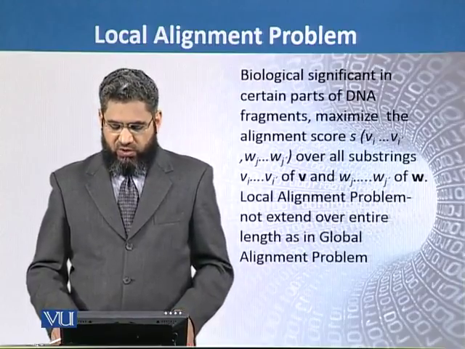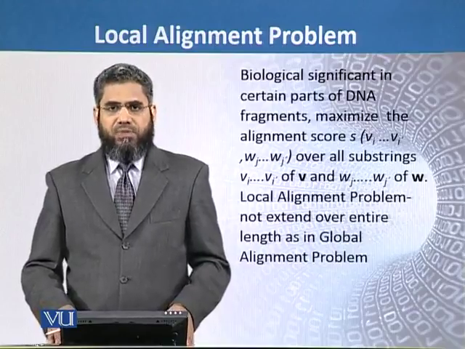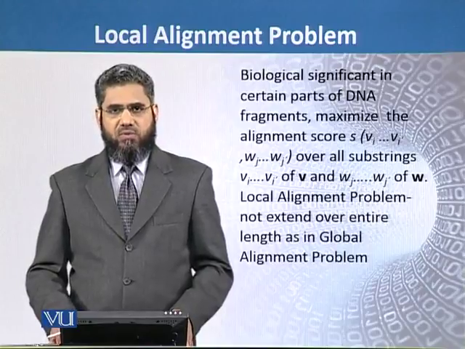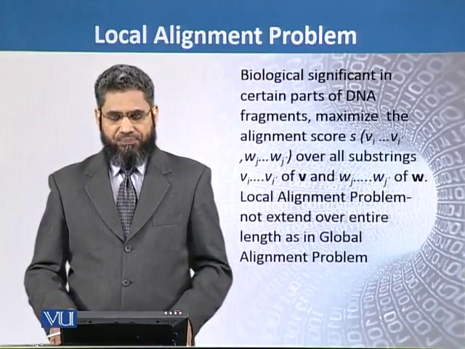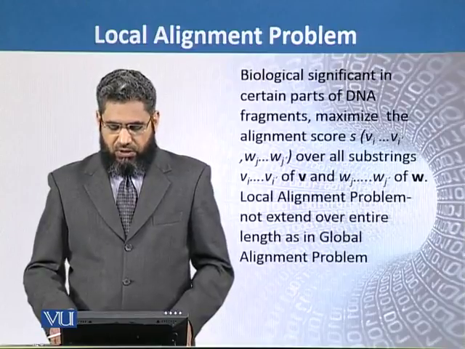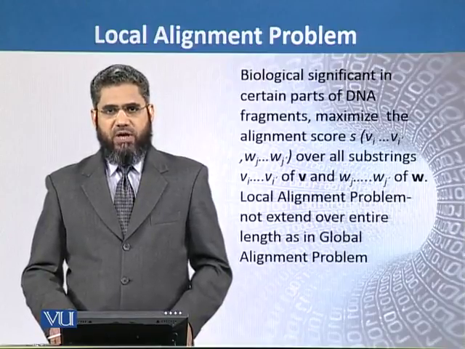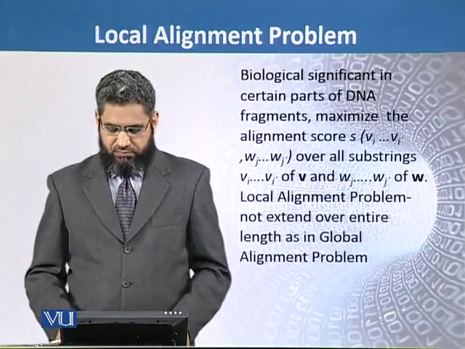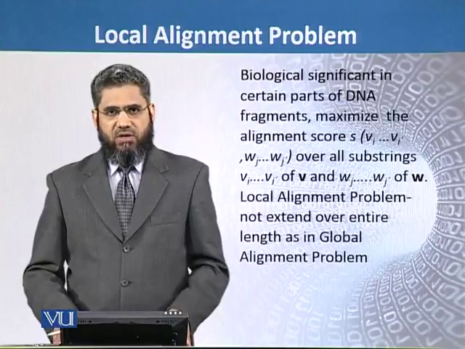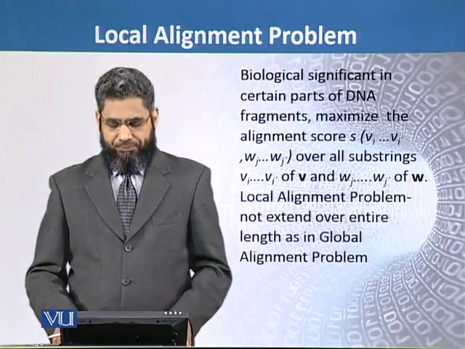And this matrix score is spread to all of the substrings, that is VI to VI prime of the V string and WJ to WJ prime of the W string. And this is also known as the local alignment problem.